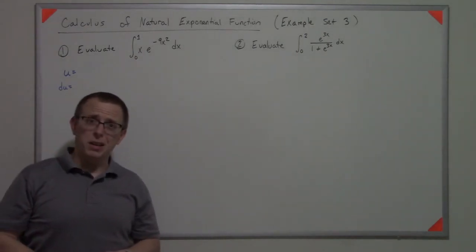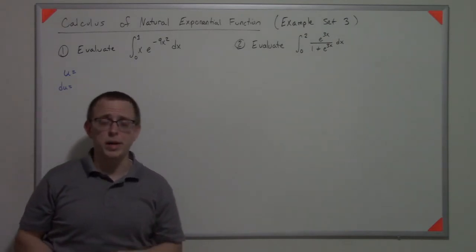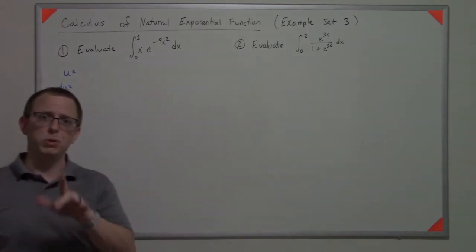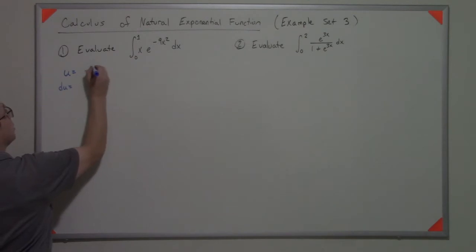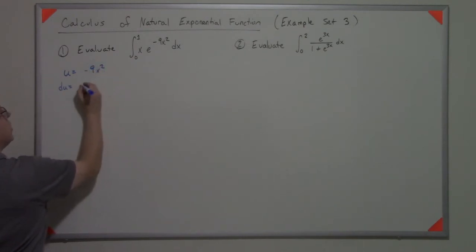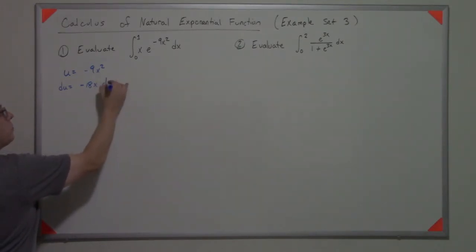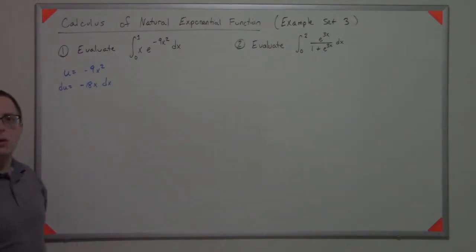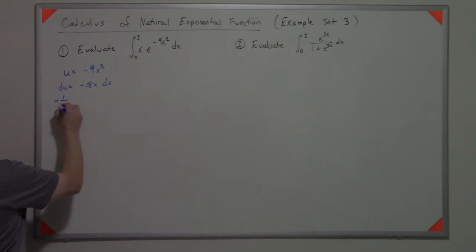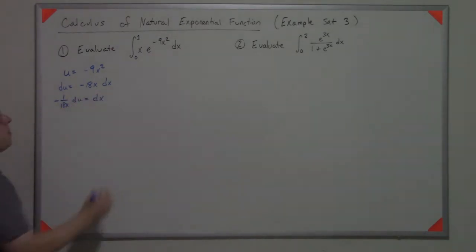I wouldn't recommend it, but it's a possible way to do this problem. So du is negative 18x dx. So then we have negative 1 over 18x du equals dx.